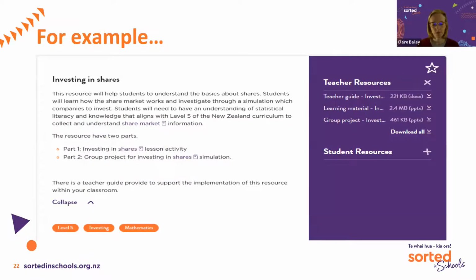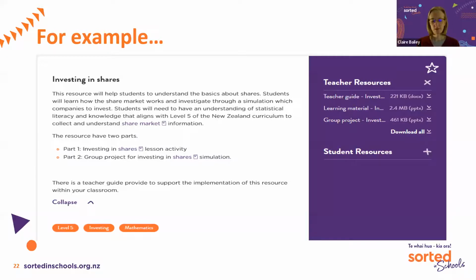Here's an example. This module is called Investing in Shares. If you look at the bottom of the tile, you can see the tags in orange. This is helpful because you can easily see that the resource will be best for students working at level 5 of the curriculum. The theme is investing and the subject is maths.